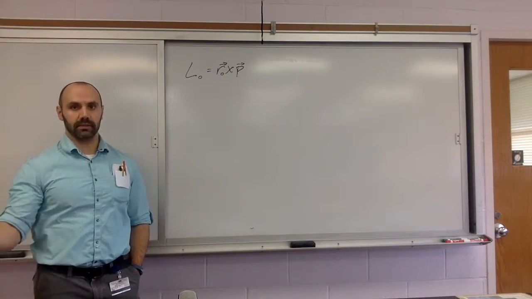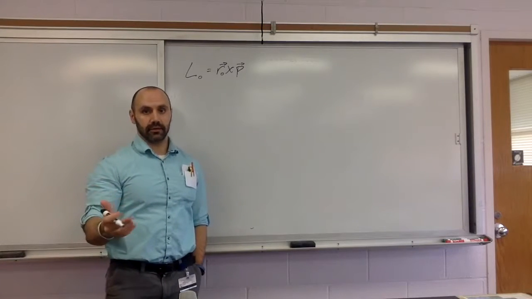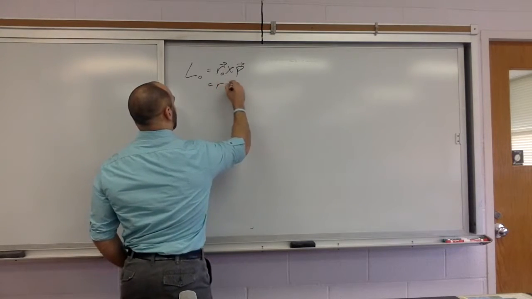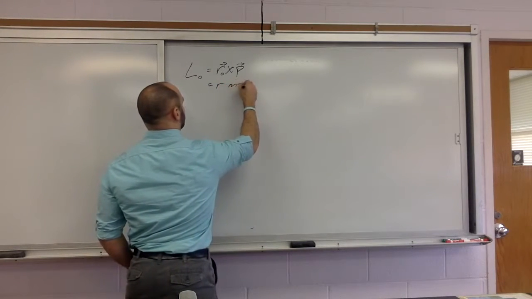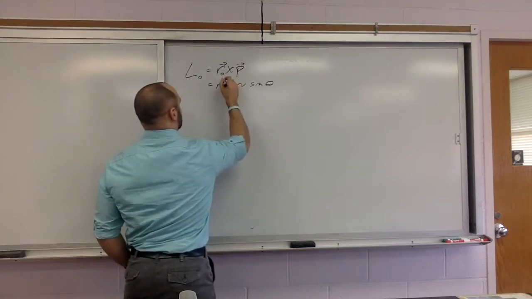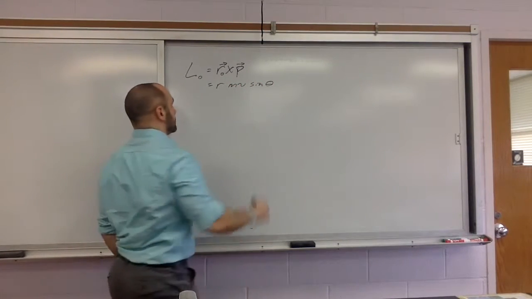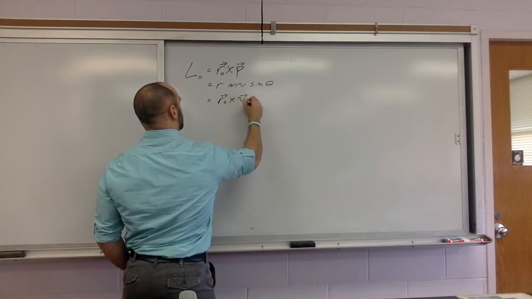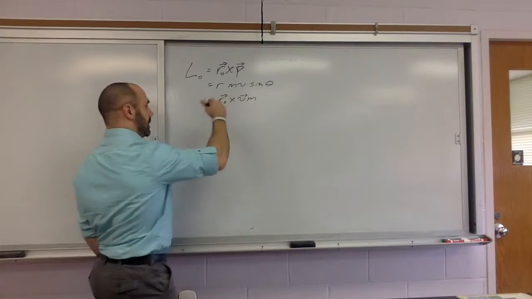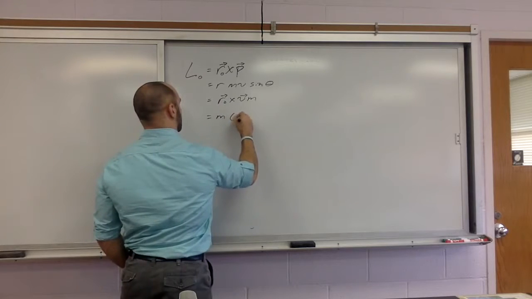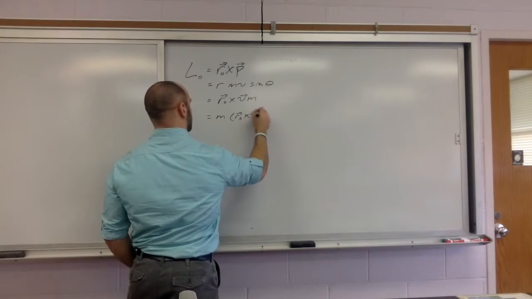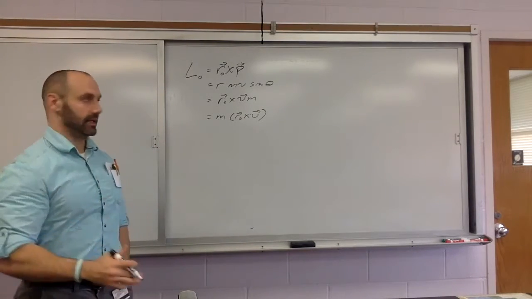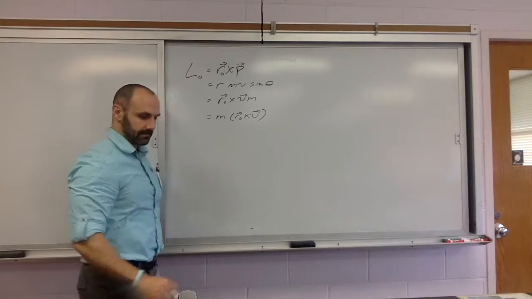So R cross P, that's the first way that we can calculate angular momentum. And so this is R mv sine of theta. That's one way of looking at it. Another way, this is R naught cross V times M. And so M can come out front. This can be M R naught cross V. These are all ways of thinking about angular momentum and the way it relates to linear velocity and linear momentum.